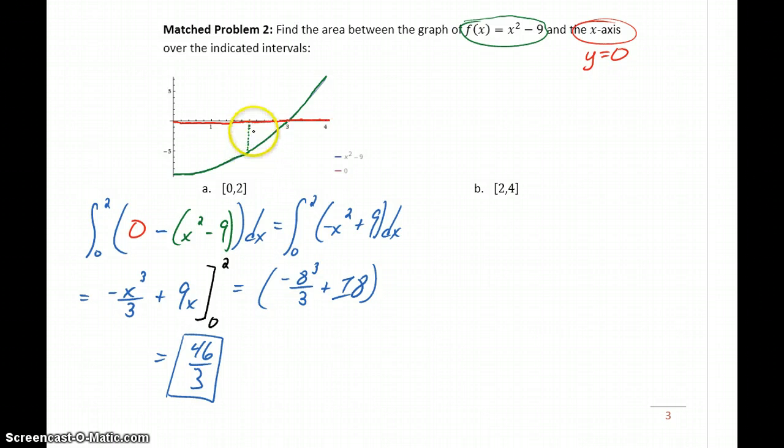So if what we're interested in finding is the area of these two regions, we're actually going to need to set up two separate integrals.